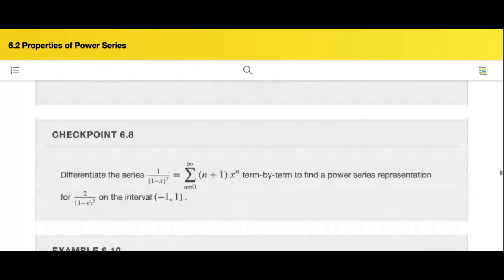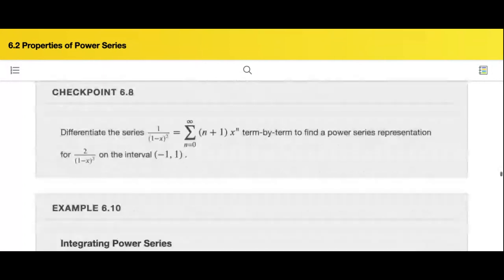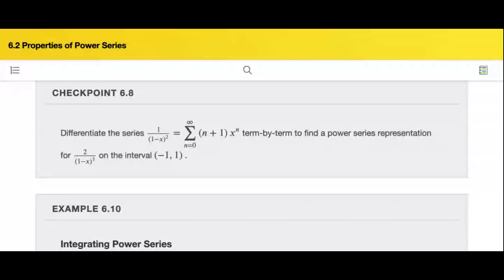Okay, let's all try this one, 6.8. Differentiate the series 1 over (1 minus x) squared term by term to find the power series representation for 2 over (1 minus x) cubed. So basically we differentiate this, right?